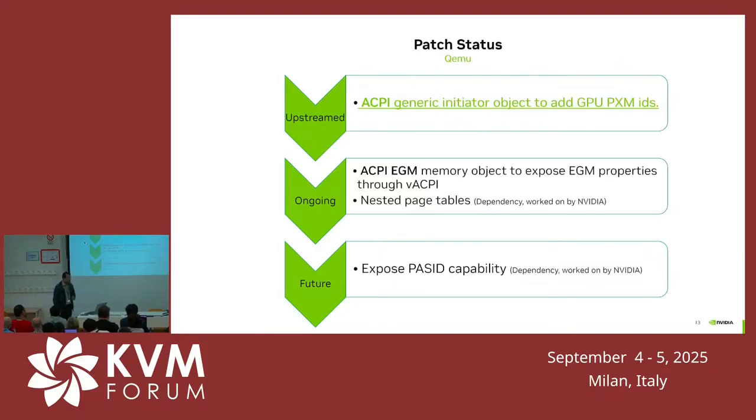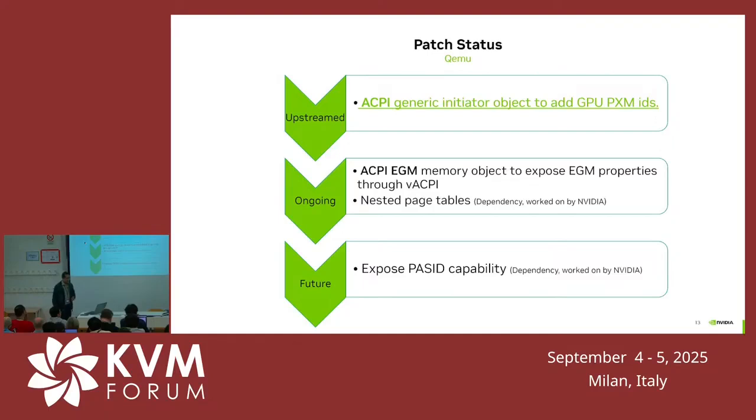For QEMU, we have added the ACPI generic initiator object to allow adding the proximity domains. That is already in. Then the ACPI EGM memory object to populate the EGM properties through VACPI is also still in the works.